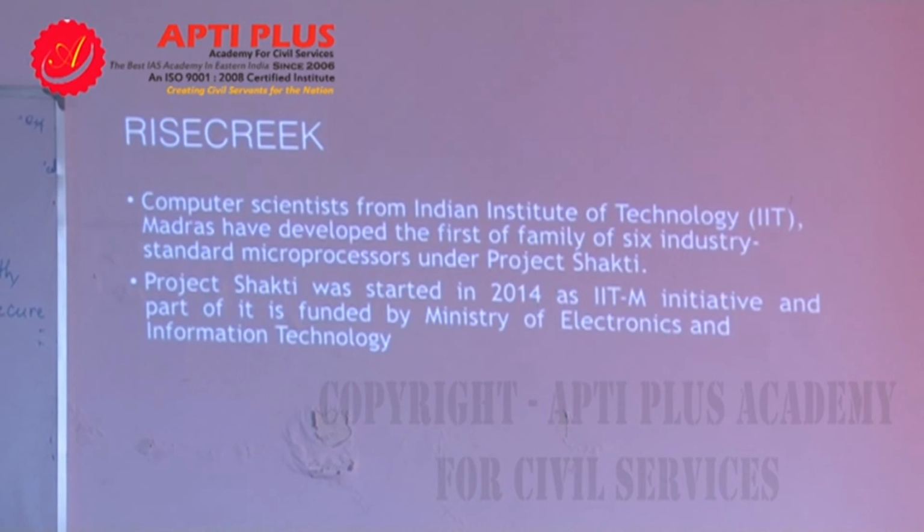That kind of 6 microprocessors have been developed by IIT Madras scientists. And that project is called Shakti. Project Shakti name has been given. And what is the name given? RISECREEK. So what is important for the prelims exam? Knowing the name. RISECREEK. The IIT Madras microprocessor, which is done under this project called Shakti, started in 2014.